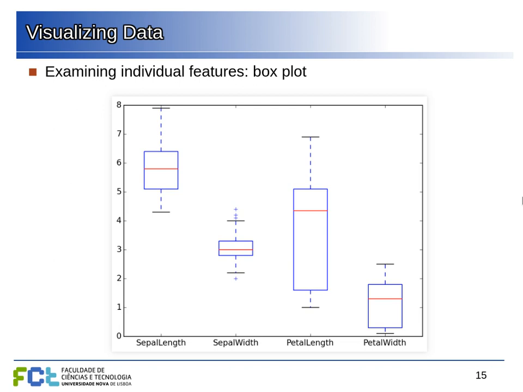So in this case, we can see that for sepal width, most of the values are very close together here. So we have this 50% region where half the values is very narrow. But then we have some outliers outside of these whiskers. We can see that with petal length, the opposite happens.